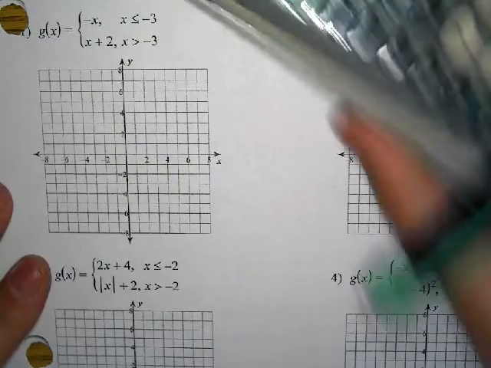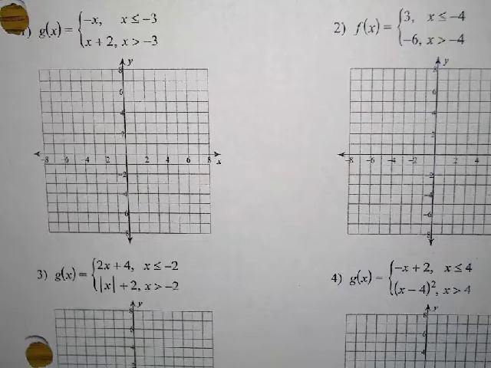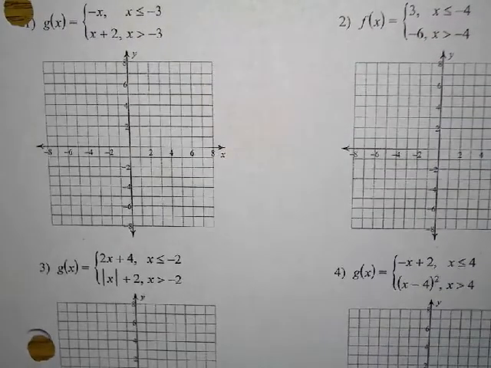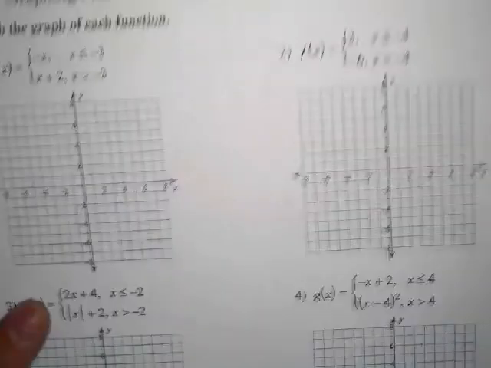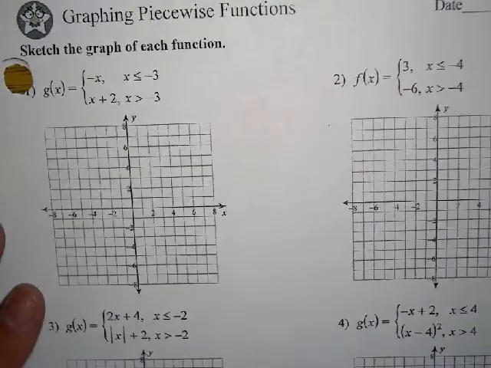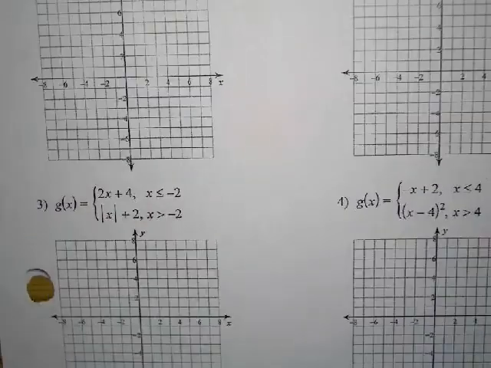Are there any on here that seem intimidating? Because we should do a couple of them together. They get a little bit crazy on the back. The first two are straight lines, and then after that, they start turning into the parent functions we have had. It might be good to do one of the ones that just has a number, because those are ones that throw students off a lot.